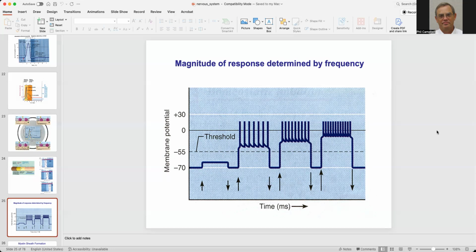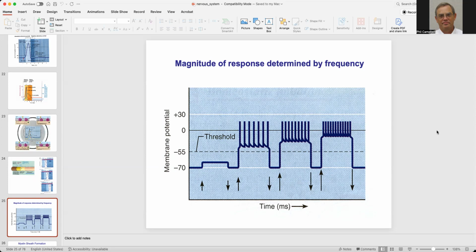Now, I will signal them a little bit. Let me walk through here because it's easier. All right, here's threshold. I've never reached threshold, so that means I do not get an action potential. Now, I'm going to hook up this neuron to electrostimulation. I'm going to put enough stimulation that gives me, say, minus 50 millivolts. Since I pass threshold, that's going to initiate an action potential. It's fixed. It goes up to 30.